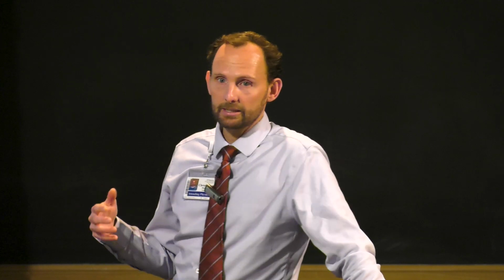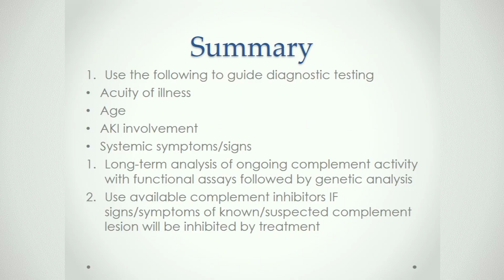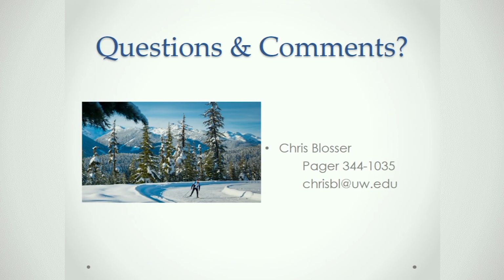And I do not typically go to genetic analysis until I have abnormalities seen in the first phases, including levels and functional analysis. And then finally, using complement inhibitors where appropriate is something that I think we really do need to publicly name in the midst of the costs that we're taking on if we do that therapy for the patient. So I appreciate your attention, and comments or questions are welcome at this point.